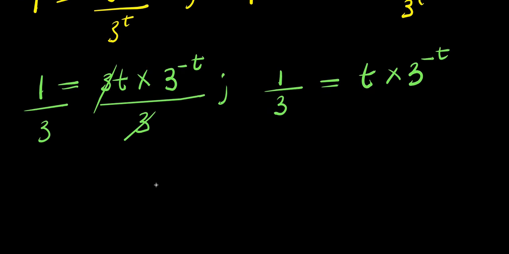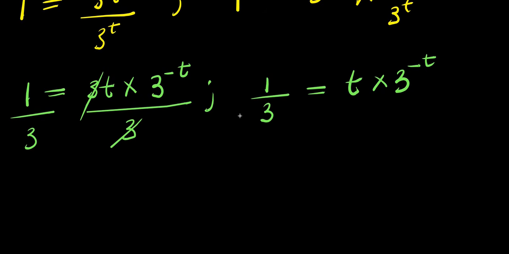At this particular point in time, the next thing we are going to do is to multiply each part of this equation by negative 1, because we are trying to make use of the Lambert W function. So I'm going to multiply this by negative 1. So negative 1 will multiply this.